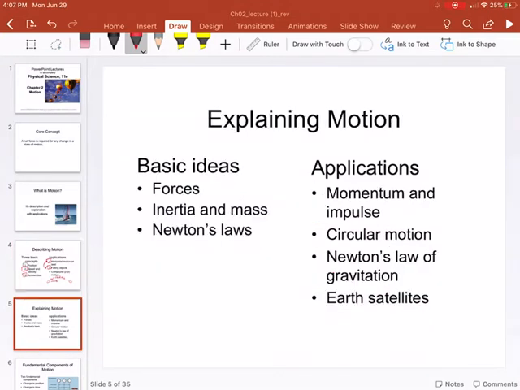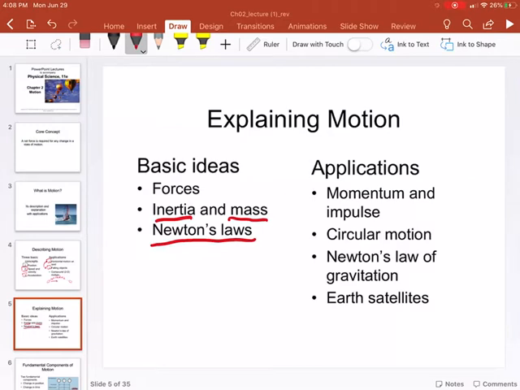All right, so explaining motion. So that's kind of where we get into forces. We talked about how forces, you have to have that in order to move. We will discuss this term called inertia. You've probably heard it before, but we'll discuss that and how that's related to mass. And then Newton's laws of motion. And those are very important. You should leave this class knowing Newton's three laws of motion. Okay?